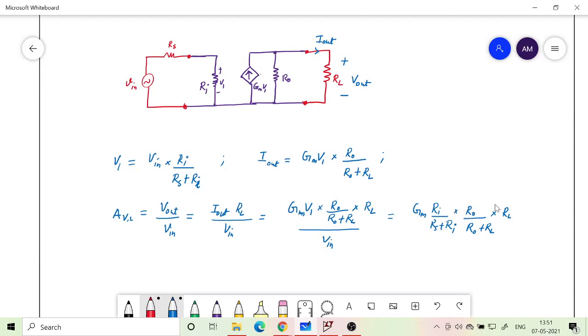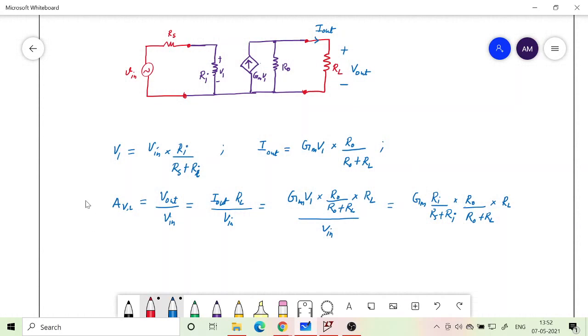Then Gm into RL, so Gm has a unit of current by voltage, and resistance has a unit voltage by current, so they will get cancelled off, and therefore it is unitless. So that's a quick way of looking at it. So is it any difficult? You tell. If I have a current division rule and a voltage division rule, I get this basic equation. You just substitute it and you get it.